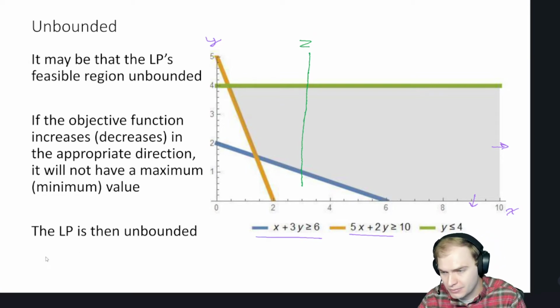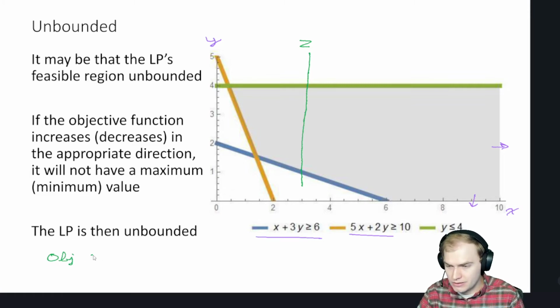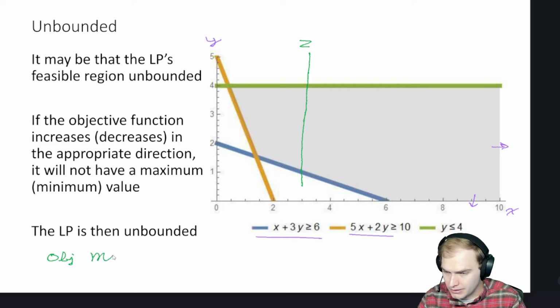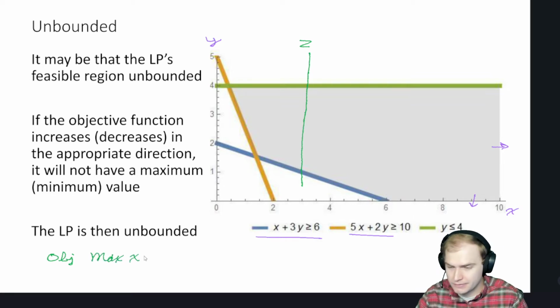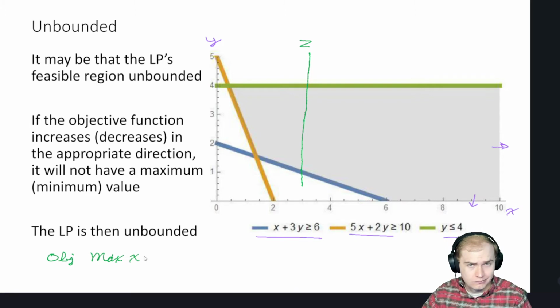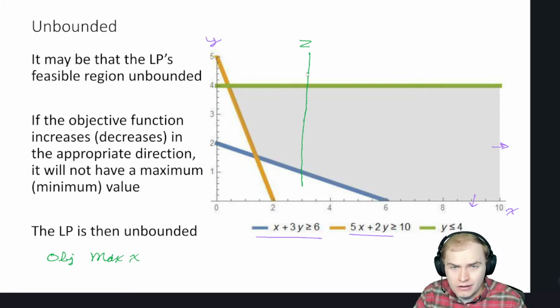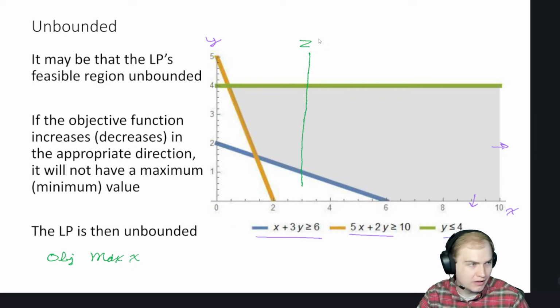So let's say that our objective is to maximize x. So this level set is just the line at which x equals some value. I'm calling it z here because I don't want to be specific.